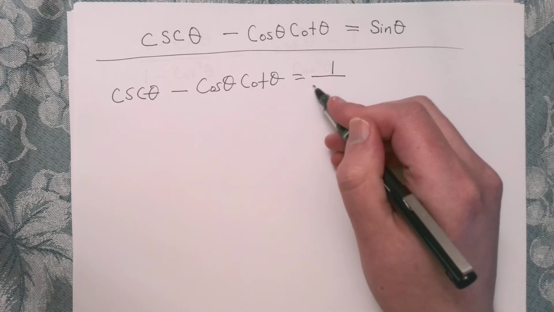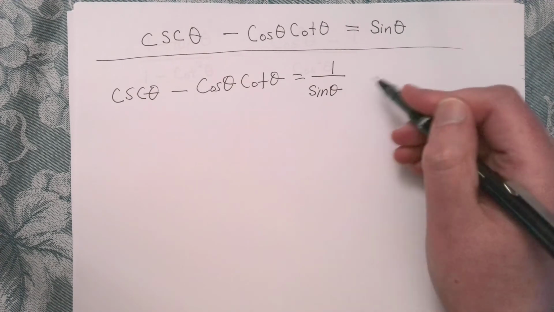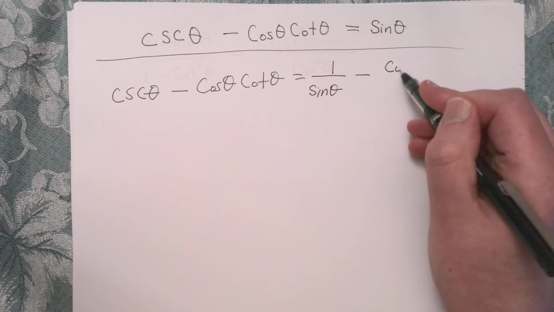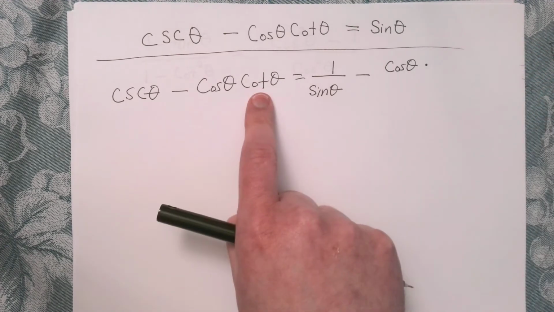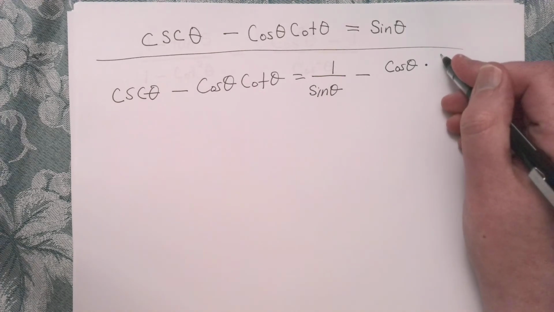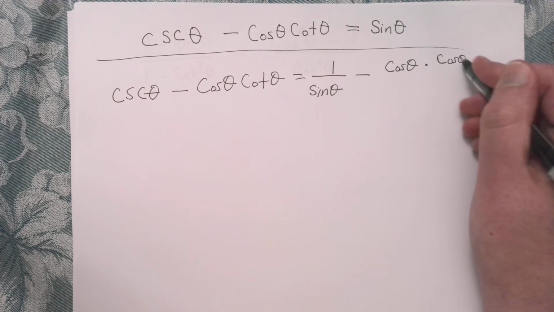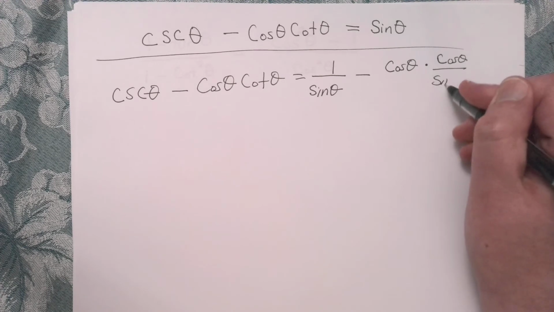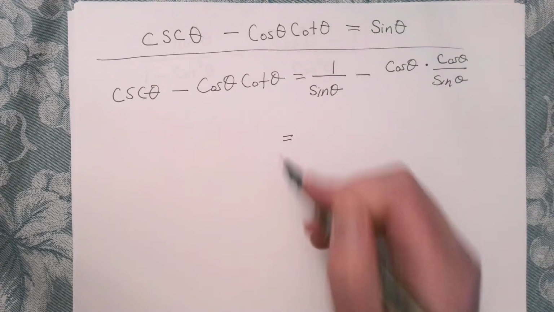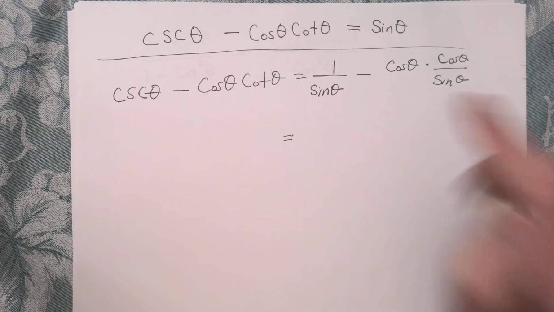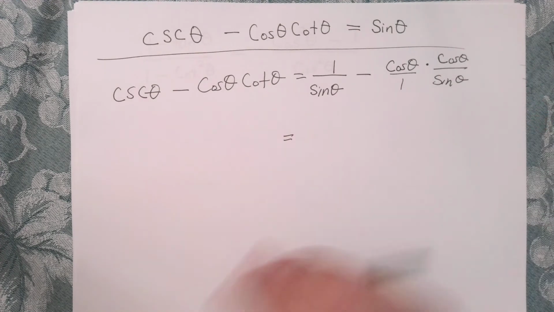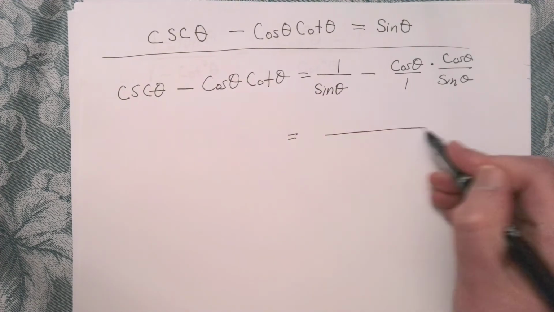So I've got 1 over sine of theta minus cosine of theta times, well, cotangent. We can rewrite cotangent as cosine of theta over sine of theta. But I don't think that's going to be so bad because it looks like we have common denominators. But you can put that over 1. So we will have common denominators of sine of theta.